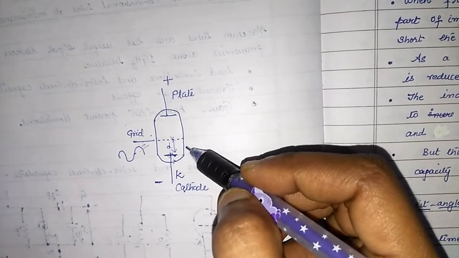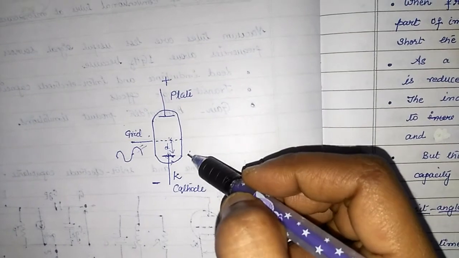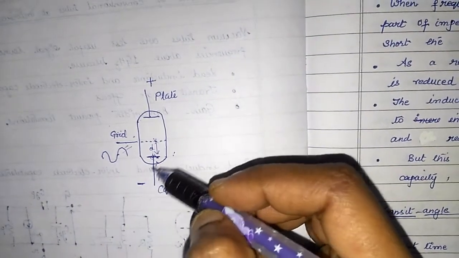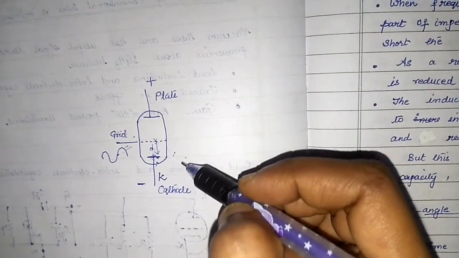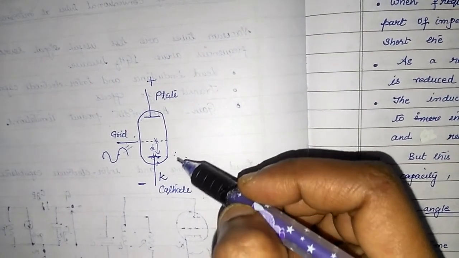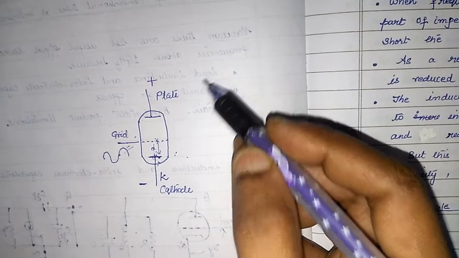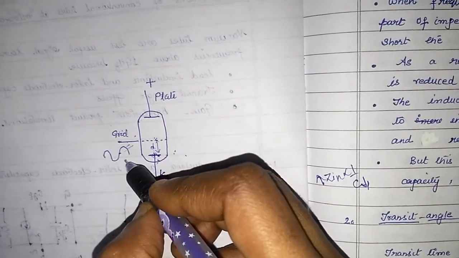What do we want the vacuum tube to do? The vacuum tube should respond to the input voltage. So why is it not able to respond? Because there is a non-zero value of transit time, and that time is very large when compared to the time period of the applied signal.